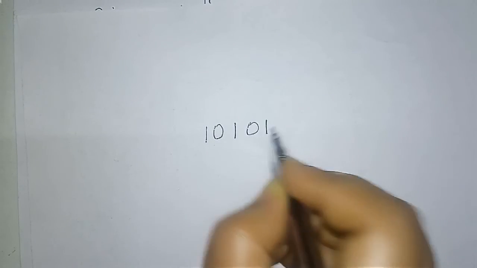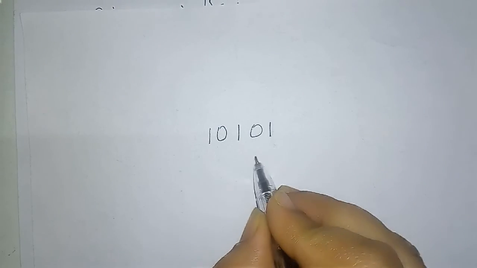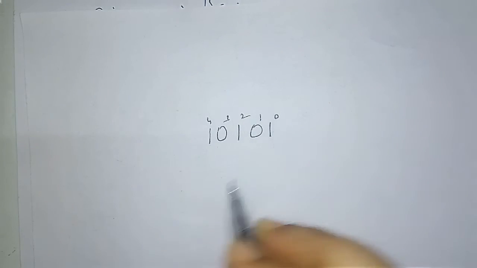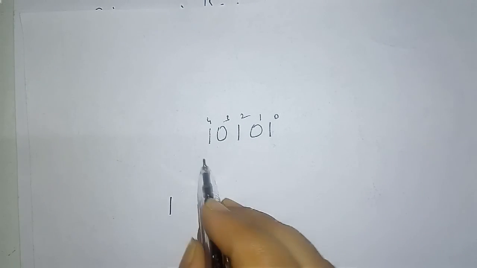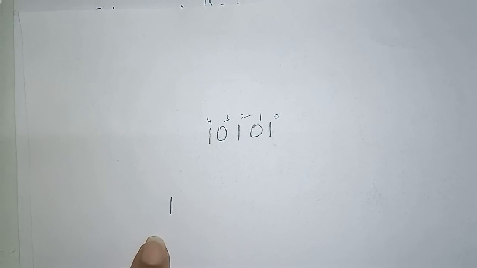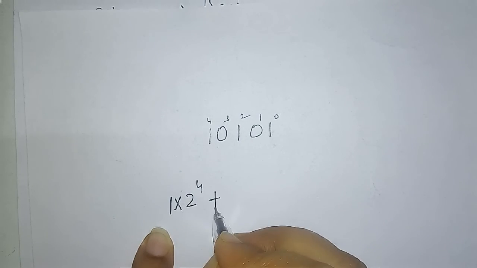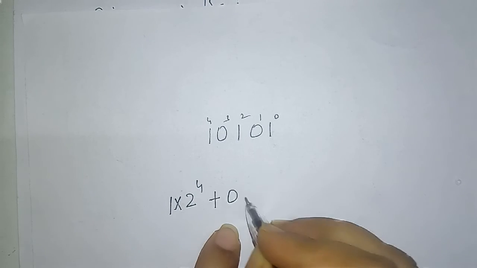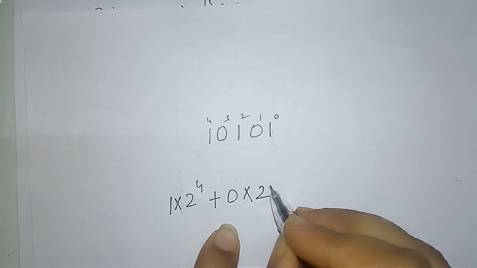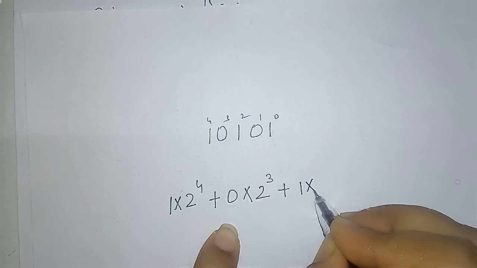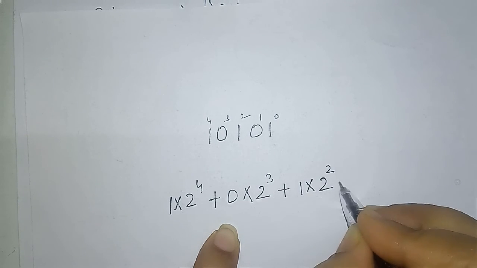Suppose we have the number 10101. What we have to do is provide the positional value to each digit: 0, 1, 2, 3 and 4. The face value of the most significant bit is 1, which will be multiplied by the positional value 2 to the power 4, added to the second face value, which is 0, multiplied by positional value 2 to the power 3, added to the face value 1 with positional value 2 to the power 2.